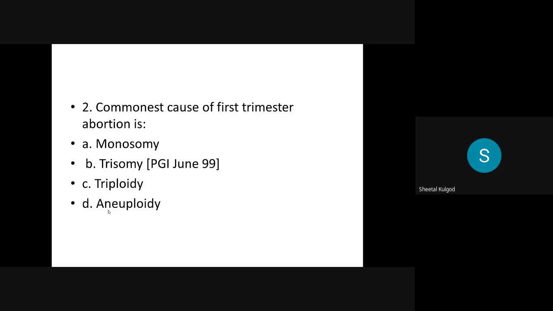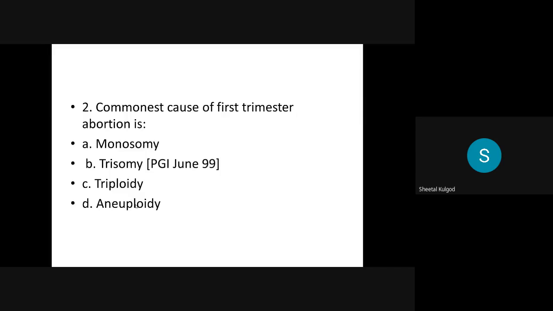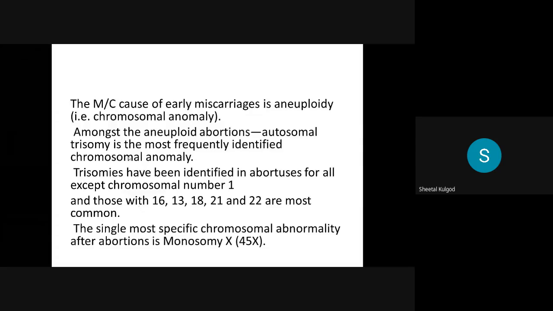So the answer here is actually aneuploidy, because the other three are all related to problems in the number of the chromosomes. If you remember, balanced mutations, as we discussed, are actually the most common chromosomal problems associated with abortions. Aneuploidy is the answer here, not just the trisomy.